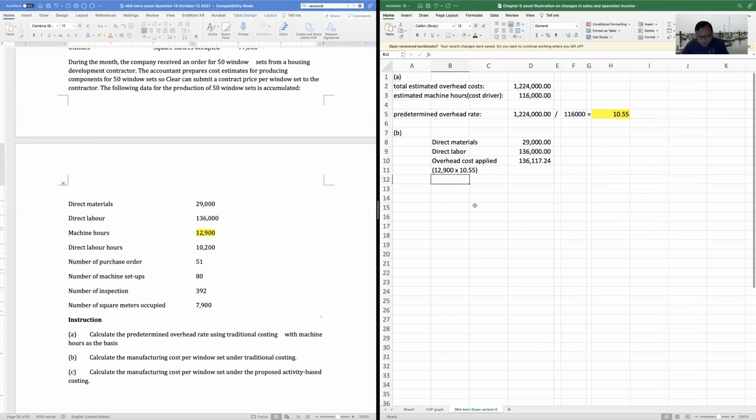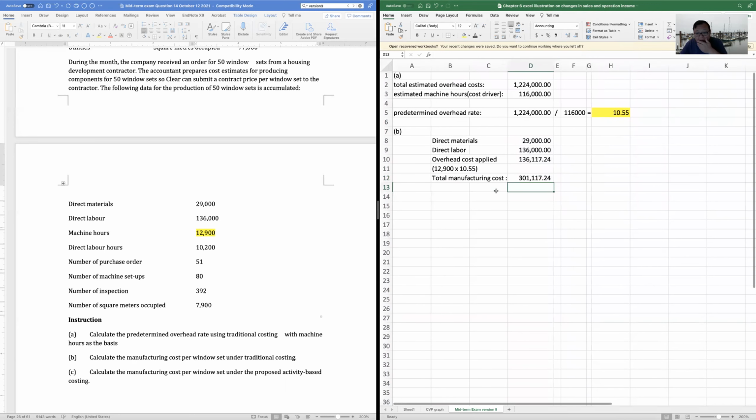So now what's the total manufacturing cost? Total manufacturing cost will be the sum of the 3 numbers. And there are 50 window sets, right?